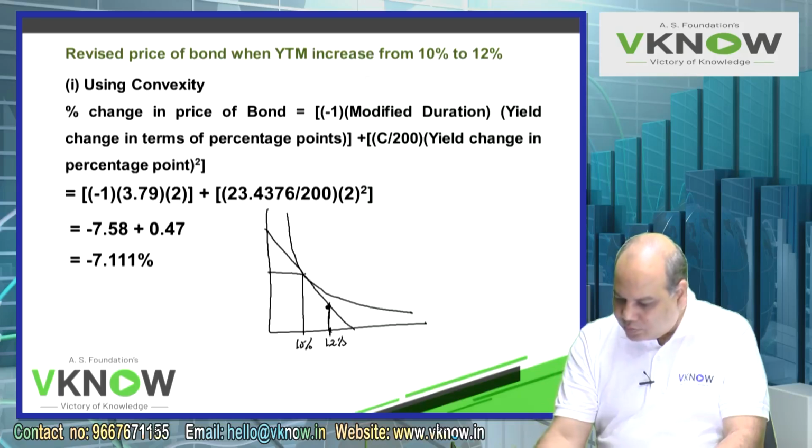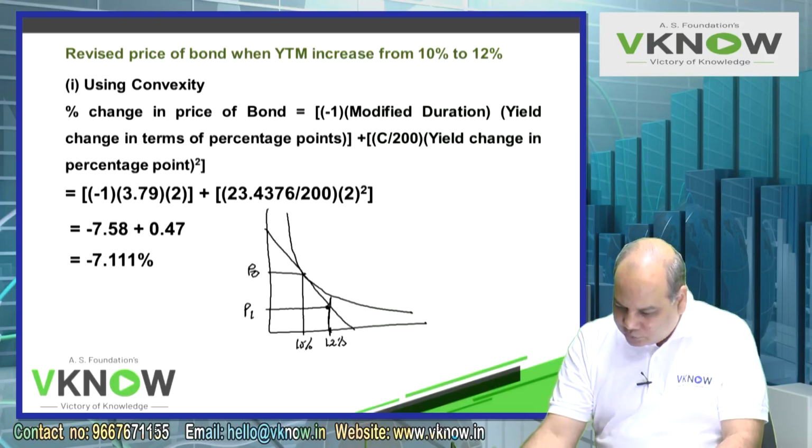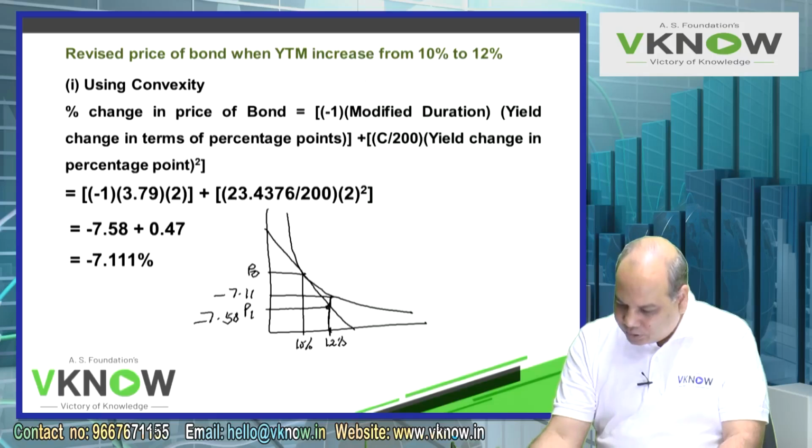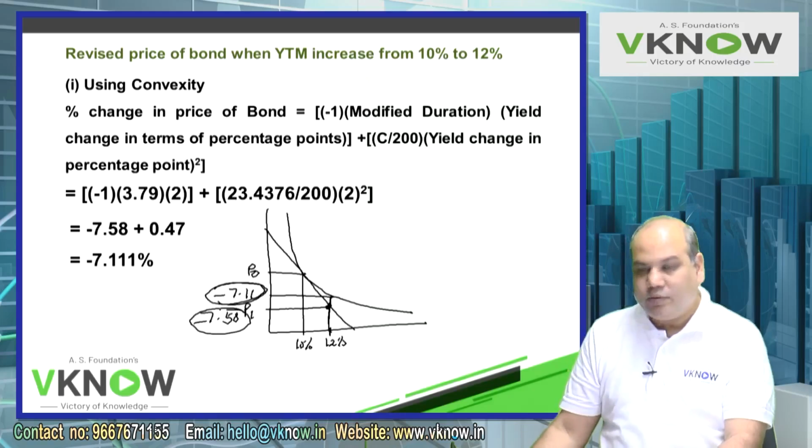If the price of the bond is suppose P0 here, it will be P1 and this will be a 7.58% change. But then this convexity says no, the change will not be 7.58, it will be 7.11 rather than 7.58. So price will fall, but the fall will be this much, not this percentage. Got it?